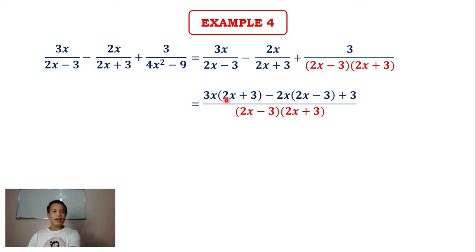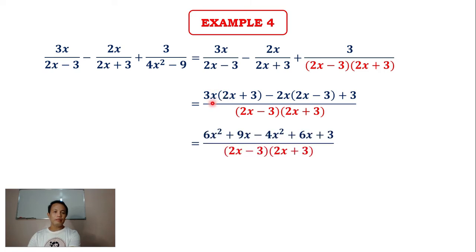Then this time we distribute 3x to the terms inside the parentheses, so that shall become 3x times 2x will give us 6x squared. Then 3x times 3 will give us 9x. Then the same with negative 2x times 2x will give us negative 4x squared.